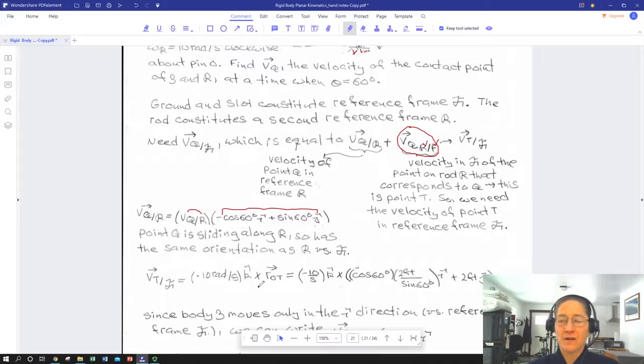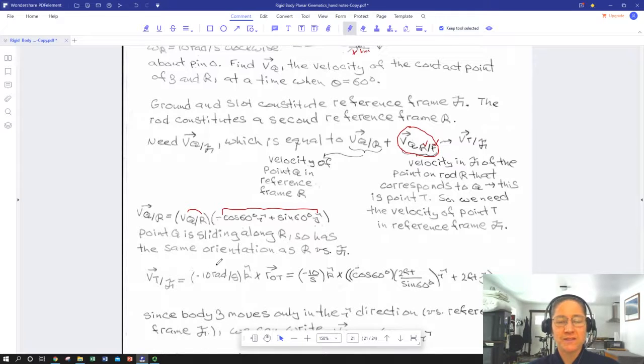K hat, obviously planar motion, so rotations come into or out of the screen, crossed into the radius vector from the point about which we're rotating, our position that we know the velocity of, which happens to be 0 because it's a pivot point, to T. So r from O to T.